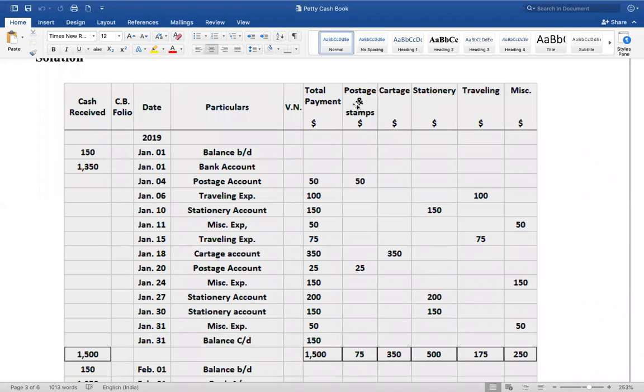So you gave the headings. The headings are 1, 2, 3, 4. It can be 5, it can be 10 also, depending on your convenience and feasibility. And whatever you cannot fit in any of these headings, you dump in miscellaneous.